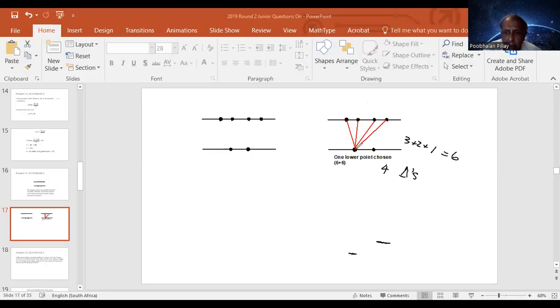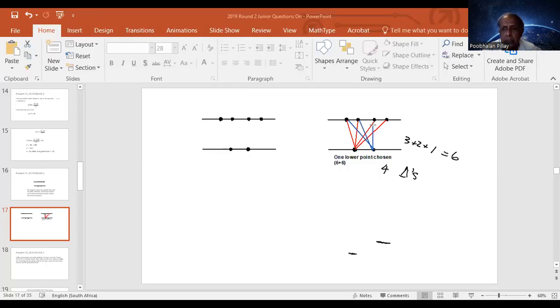Now that is if I chose this as your vertex. But on the other hand, I could have chosen this as a vertex, in which case I would have had this kind of situation.